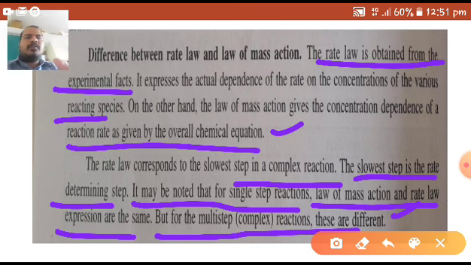With that slow step only we can understand the mechanism of the reaction.